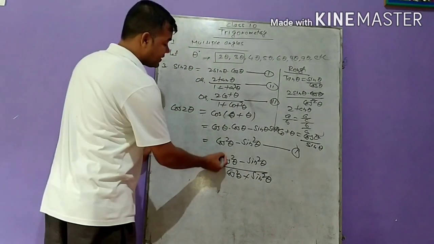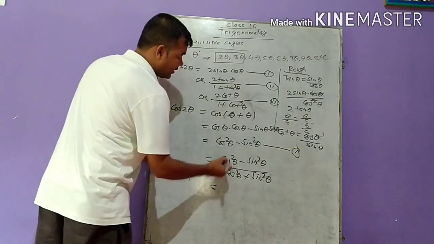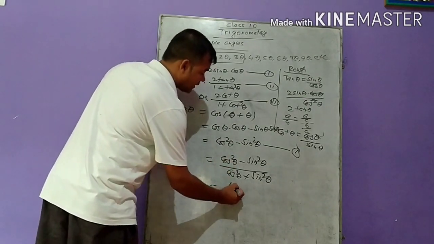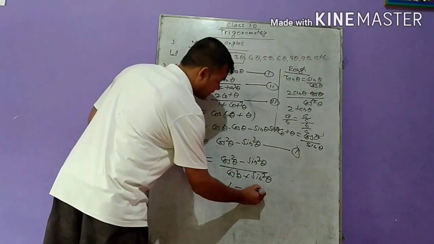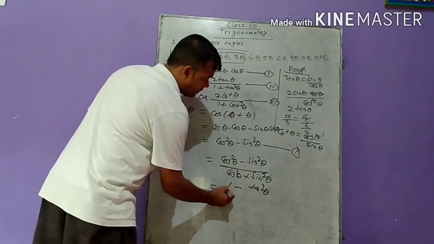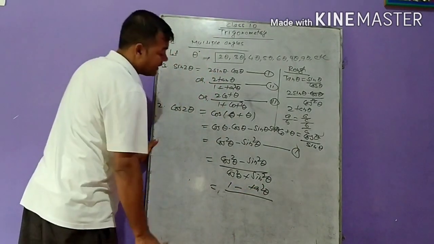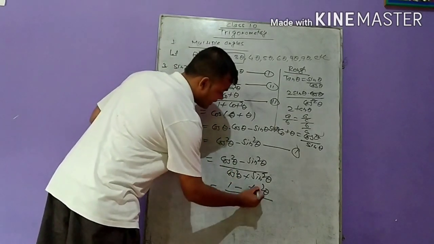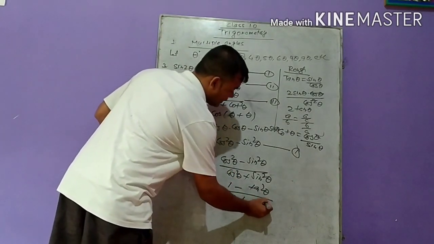Now to obtain this relation in terms of tan, we need to divide by cos square theta. Cos square by cos square means 1. Sin square by cos square means tan square theta. Like before, we are dividing by cos square theta. Cos square by cos square means 1 plus sin square by cos square means tan square theta.